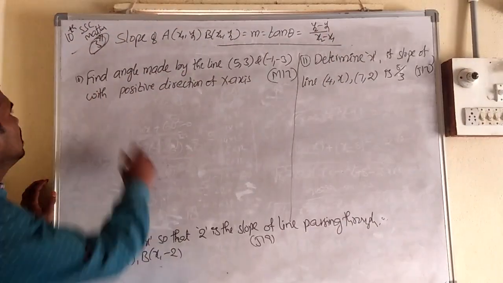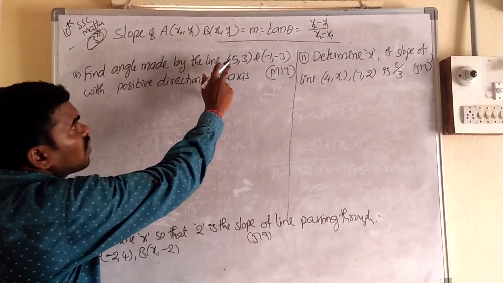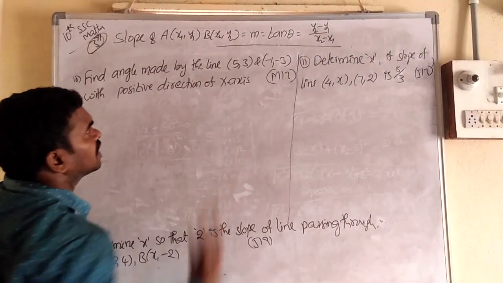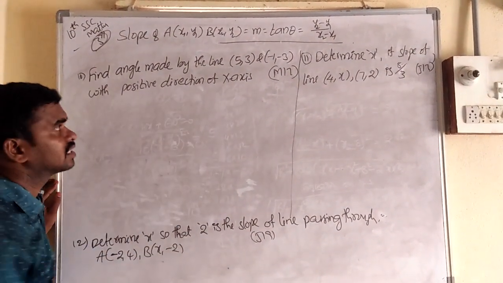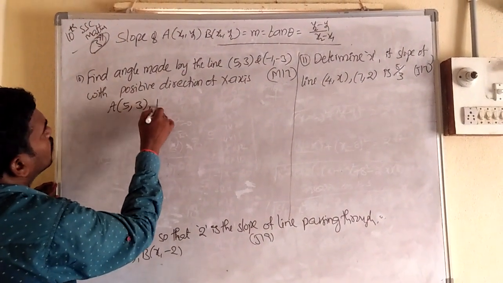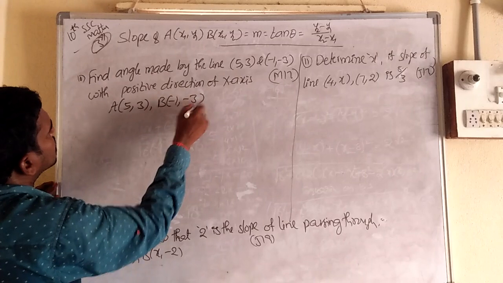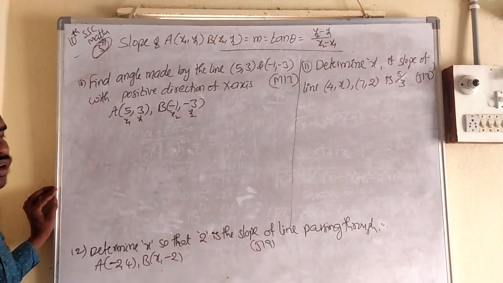See the question: find the angle made by the line joining (5, 3) and (minus 1, minus 3) with the positive direction of the x-axis. So this is the March 17th question. Let us take A as (5, 3), B as (minus 1, minus 3). This is x1, y1, this is x2, y2. Okay?